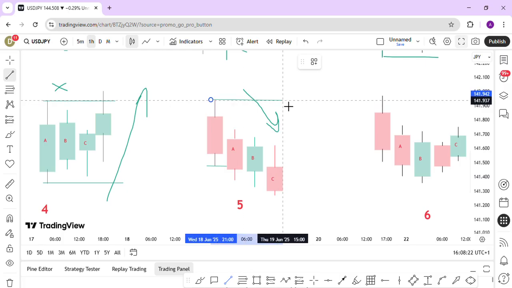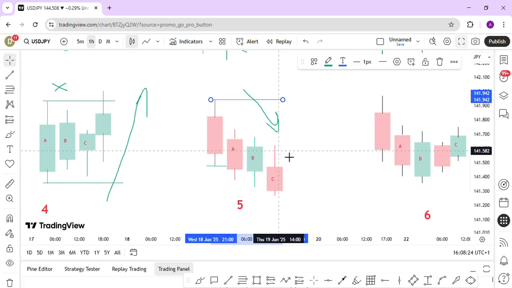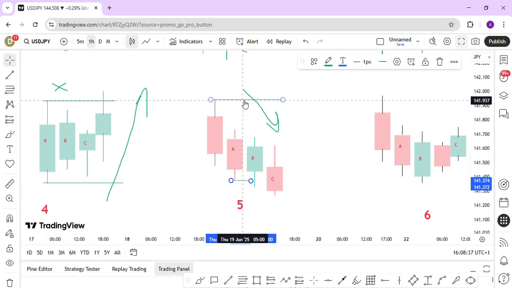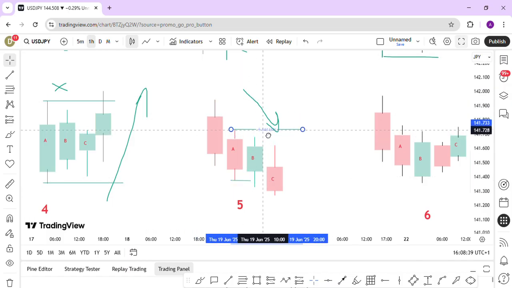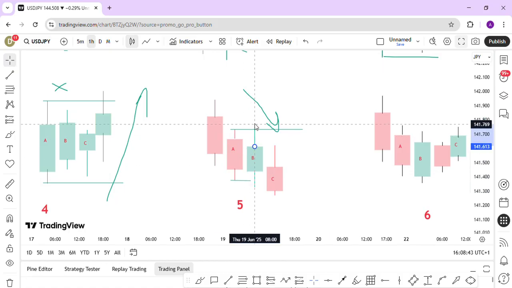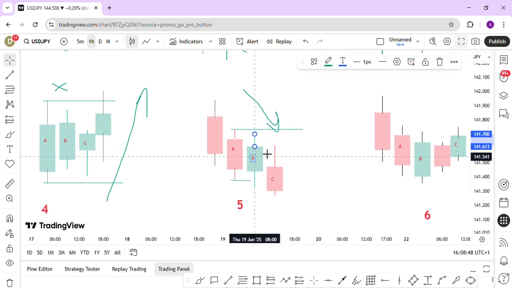So we are waiting for the candle that will take out this one. When the next candle opens, which is A, you can see that it closed without taking out this level. So we will be reckoning with this candle now, which is A. And as you see, B also opens, but B was unable to take out the high of the A, it still stays inside.